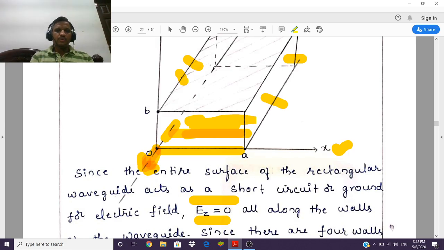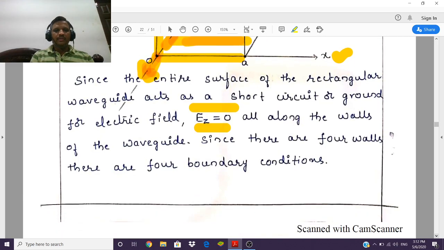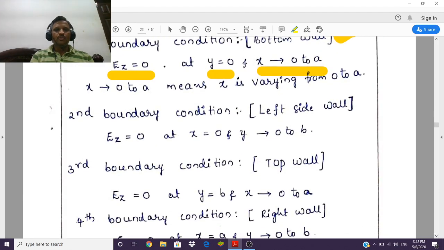Because that plane is the xz plane and y is increasing in the upward direction, y value will be 0 at the bottom wall. So for the bottom wall, y is equal to 0 and x is ranging from 0 to a.